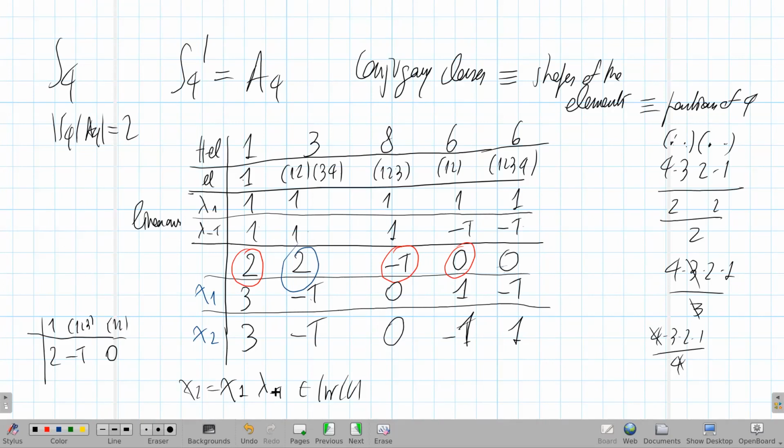Perhaps we could finish this by discussing, let me erase this, because, so this was minus 1, yes. By discussing how you can obtain a representation affording chi1, okay? Let me copy this.